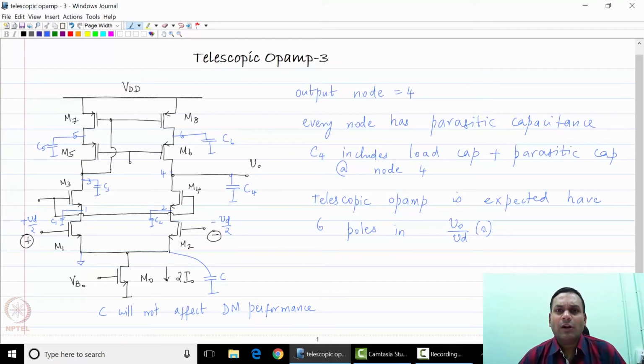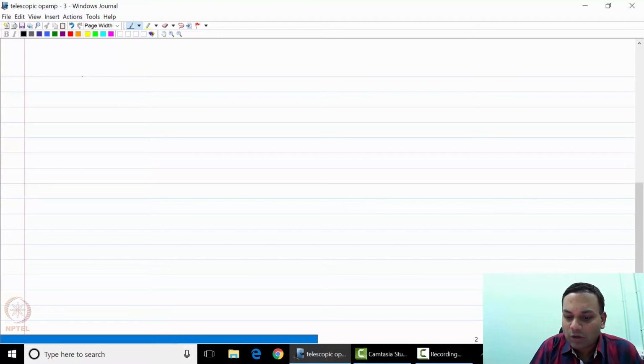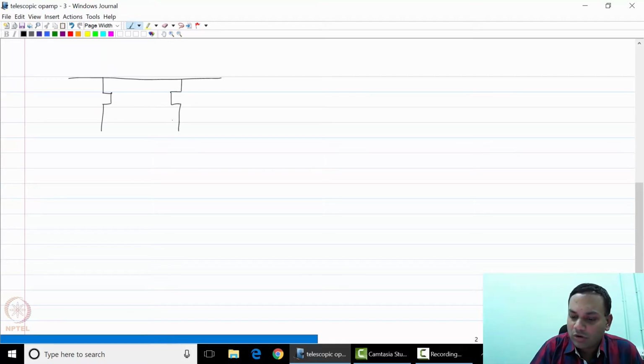So if we draw a parallel with the two-stage op-amp, just a quick reminder, let us quickly draw out the picture to understand the analogies.